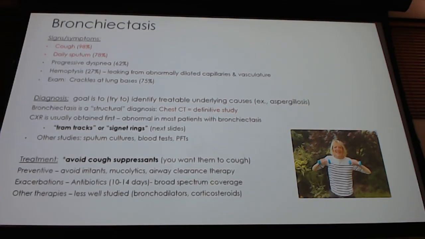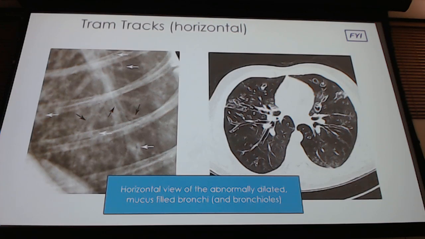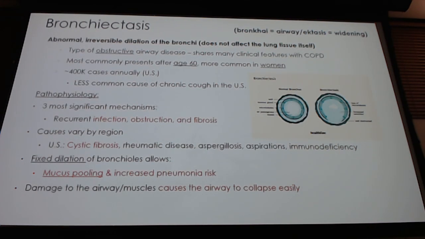We'll talk real quick about these. These are going to be like our thumbprint sign for croup, or our steeple sign for RSV. We'll talk about what these are on the next slide. So tram tracks, let's look at this picture real quick. Abnormally dilated, they're going to look bigger.